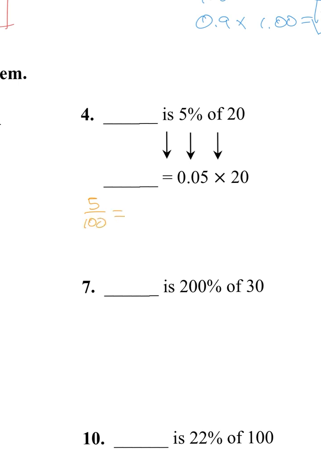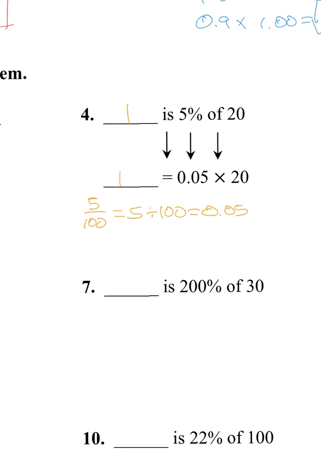On your calculator, please check. Go 5 divided by 100, and you should come up with 0.05. Trust but verify, right? Of means multiply, and then 20 is 20. So go on your calculator, go 0.05 times 20, and you should come up with 1. So 1 is 5% of 20.